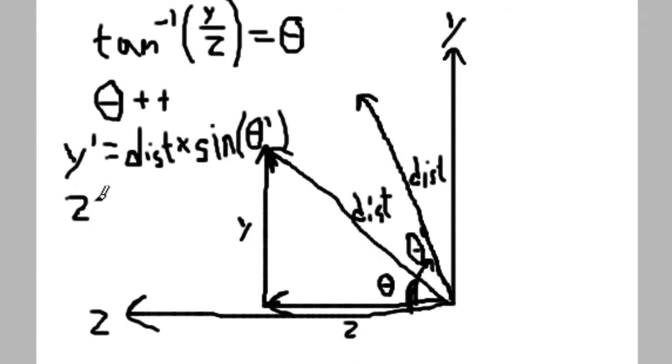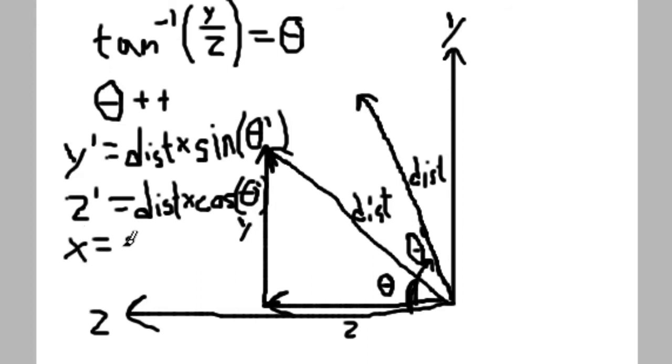and z prime equals distance times cosine of theta prime. And these are my new y and z components. And if you remember, my X component is exactly the same as it was before.